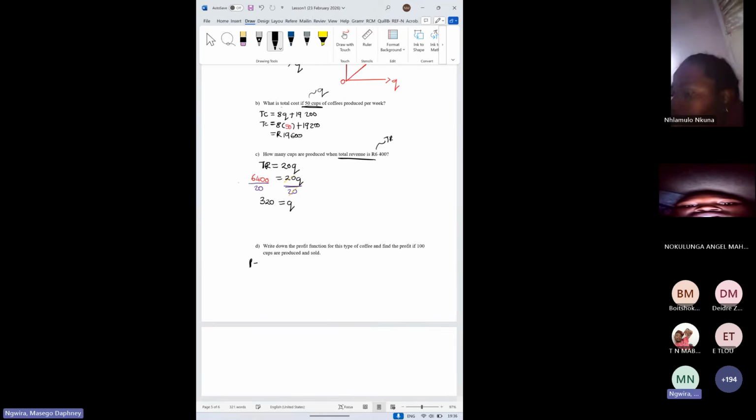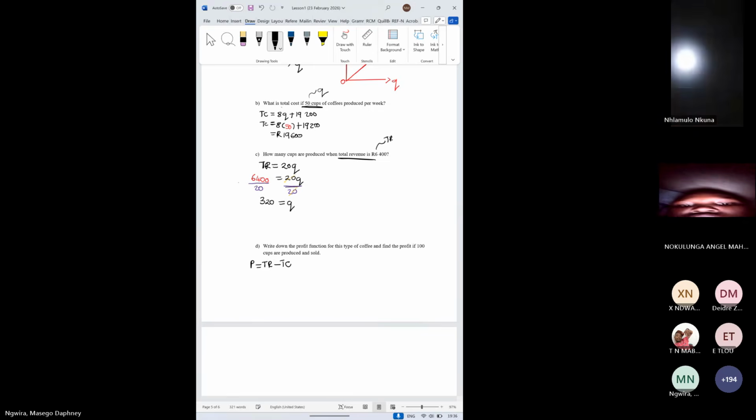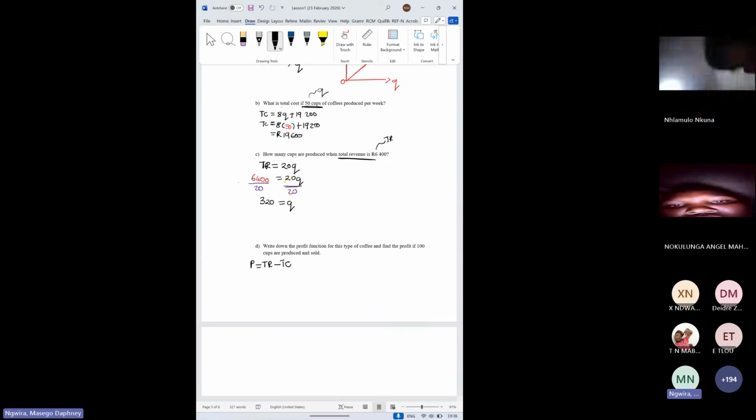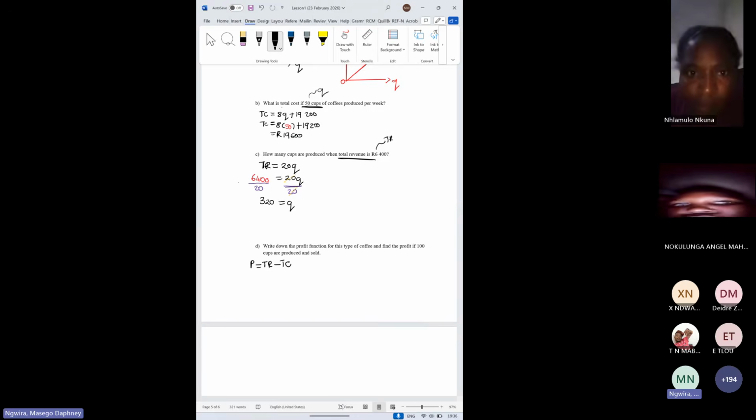P equals total revenue minus total cost. Remember we have two questions. So we first find the function and then use the function to calculate the profit.